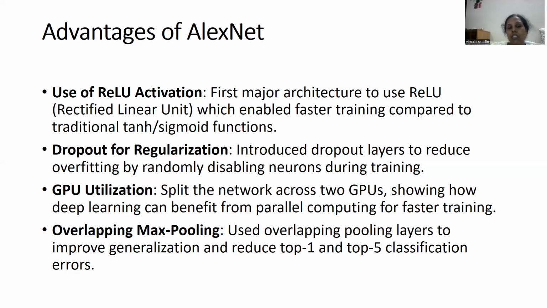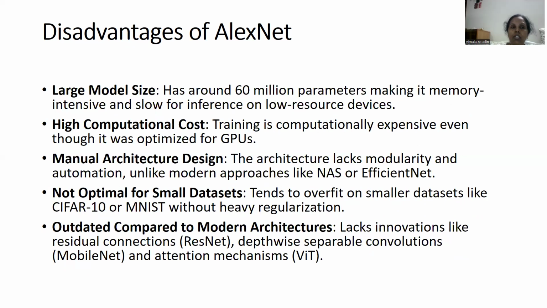GPU utilization: it splits the network across two GPUs, showing how deep learning can benefit from parallel computing for faster training. And overlapping max pooling improves generalization and reduces the top-1 and top-5 classification error.